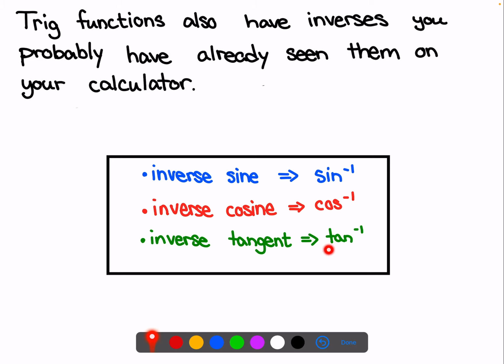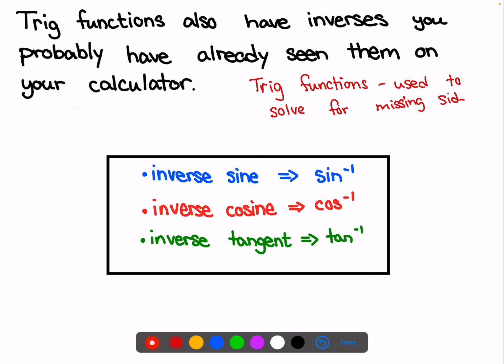And if we recall, the normal trig functions that we were doing the last few days were used to solve for missing side lengths. So that's what trig functions were used for.